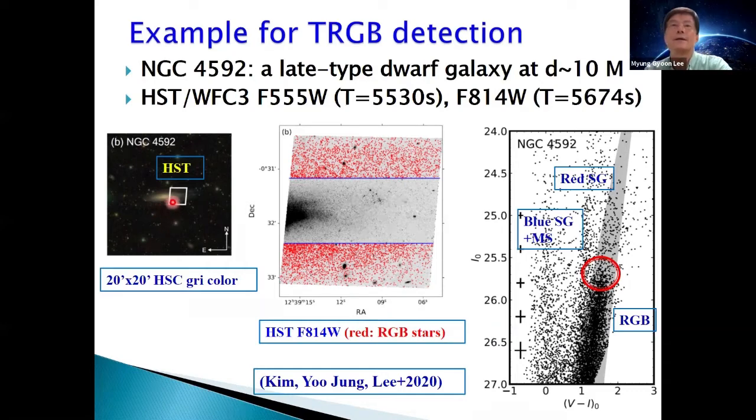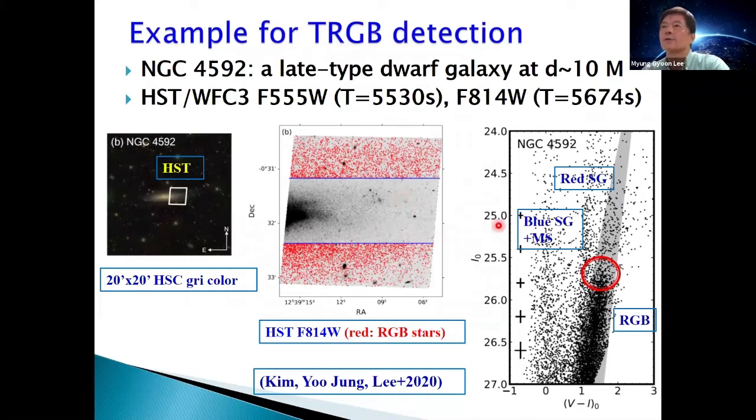And we used HST images covered by a white rectangle. The middle panel shows the F814W image, which corresponds to about 800 nanometer wavelength. So in the HST image of this field, you can see a lot of stars.